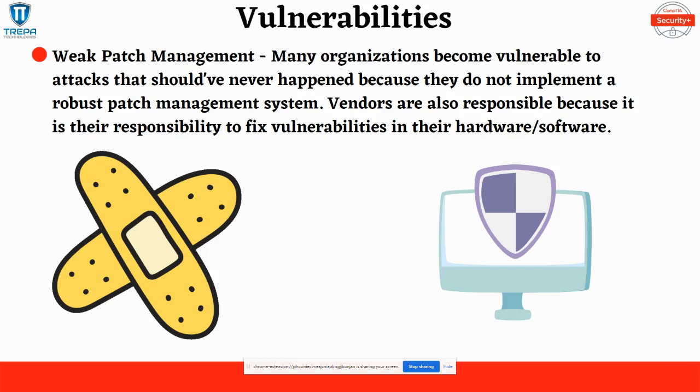A weak patch management system could leave our enterprise exposed and vulnerable to threat actors. So this is one of the first lines of defense to actually protecting your network. Having some sort of patch management system, whether that's built into Microsoft Windows Update, whether that's you deploying a third party, you need to have something in place that's going to scan and patch our systems.